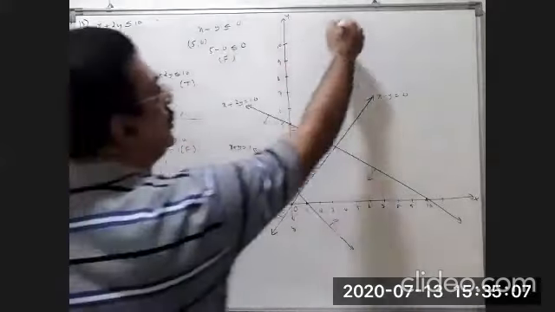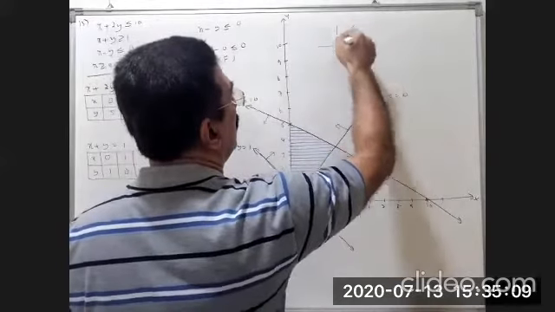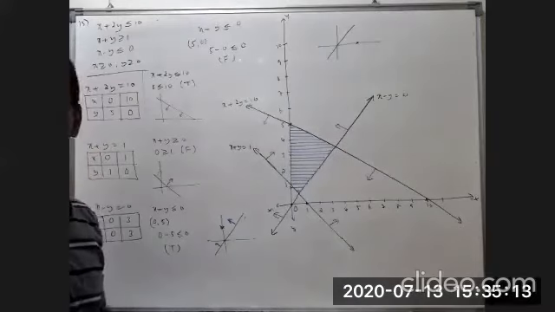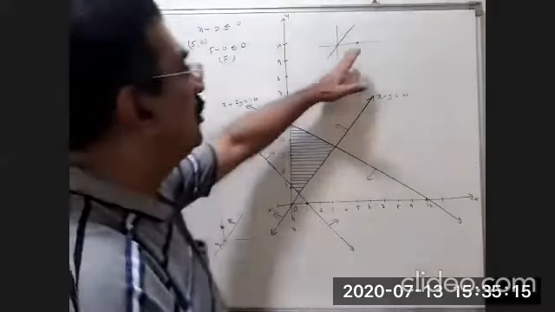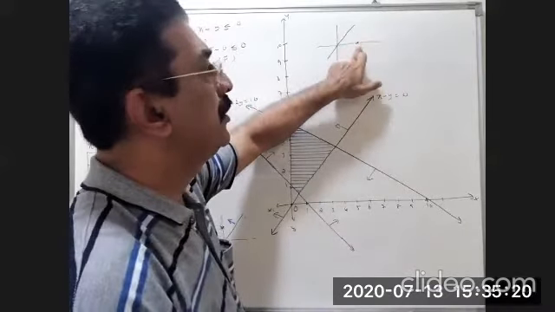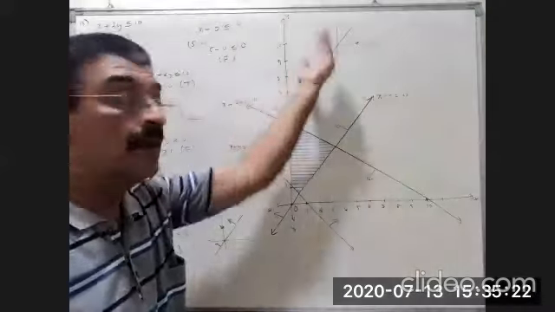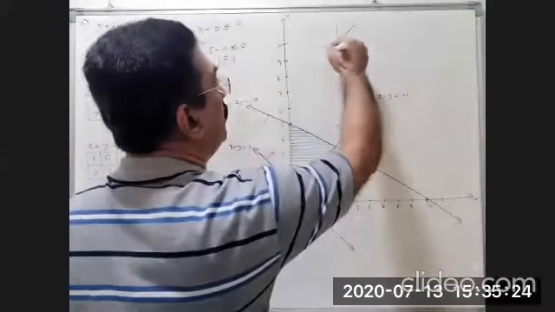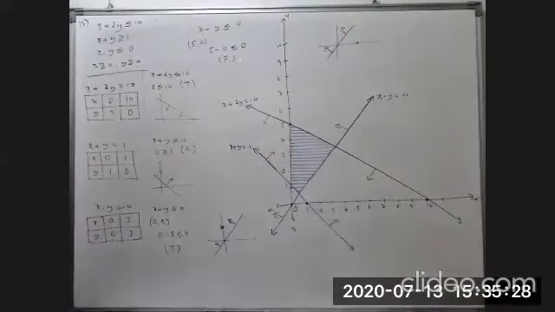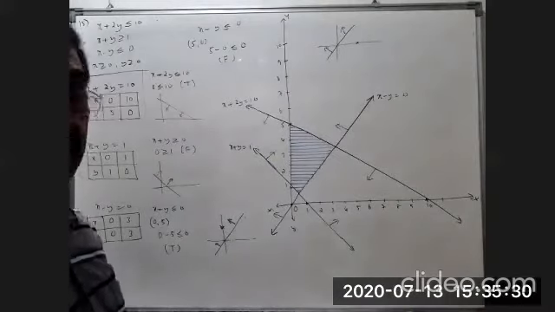I took a point here on the x-axis and it was wrong. Since it is wrong, we will not take this half plane including this point, so we take the other half plane. The other half plane is this one, away from that point.